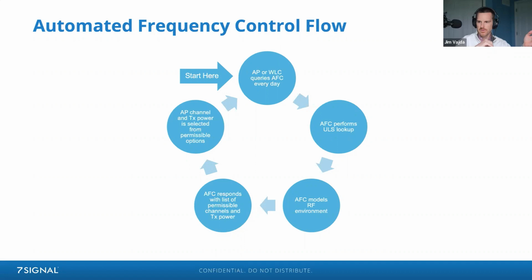It gets from the FCC's database all the local 6 gigahertz incumbents in the area, and then using that data, it creates a model of the RF environment, and from that model, it says, okay, here are the channels that unlicensed users can use without interfering with the incumbents. And then it sends that back down to the AP or WLC and says, here's your spectrum grant. You can use these channels. And then the AP says, okay, if these are the channels I can select from, this is the one I'm going to select from that list.